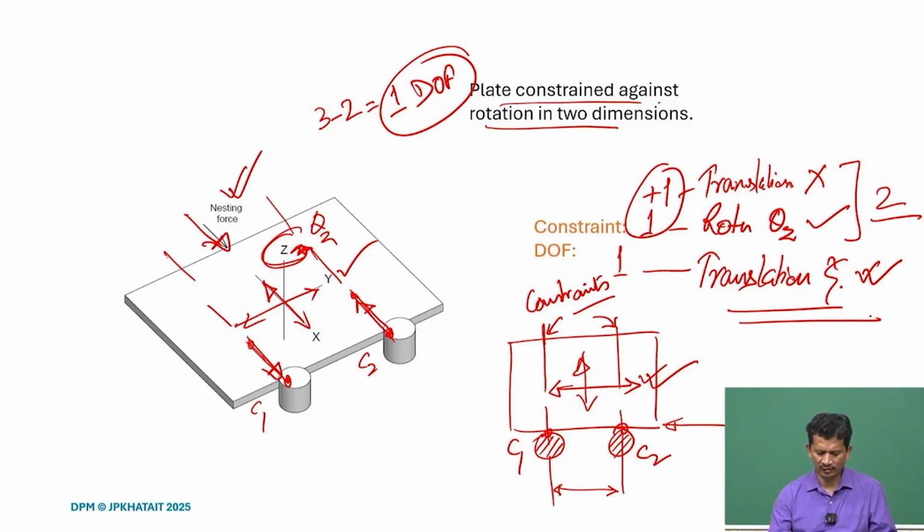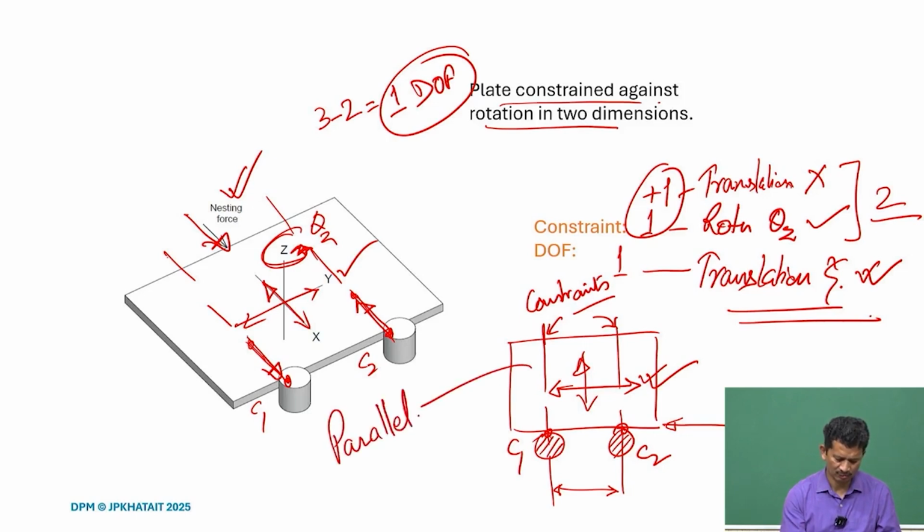So, always remember, parallel translation constraints always remove rotational degrees of freedom. They will provide a rotational constraint perpendicular to the plane, and of course, it is applicable to the planar case only.